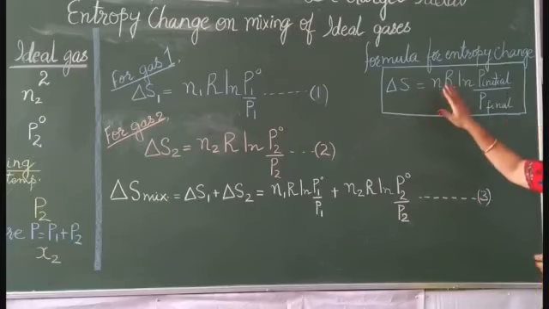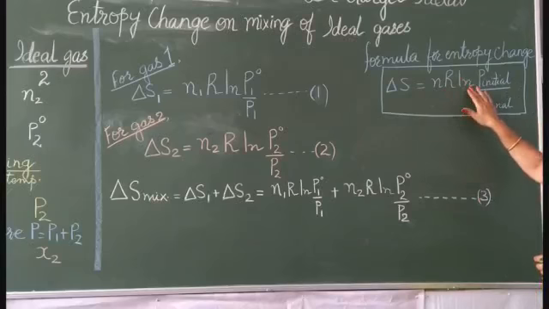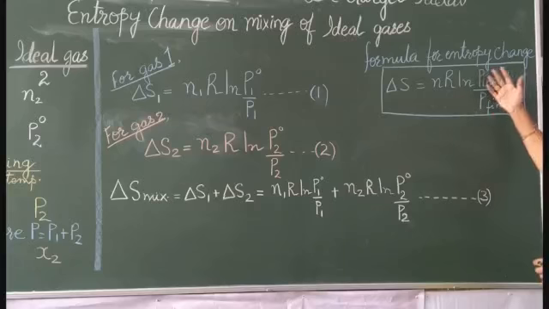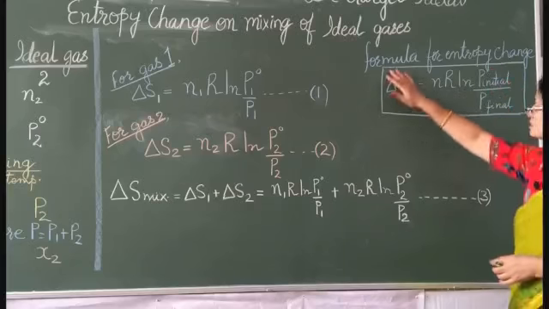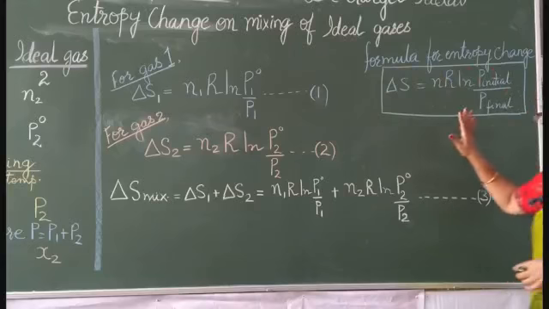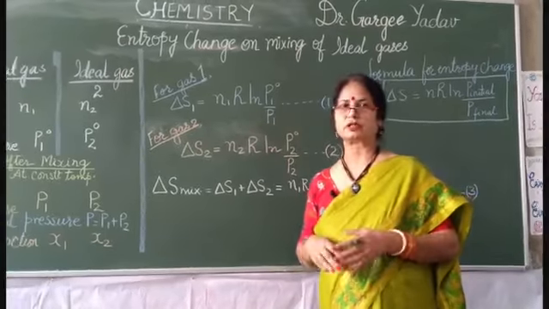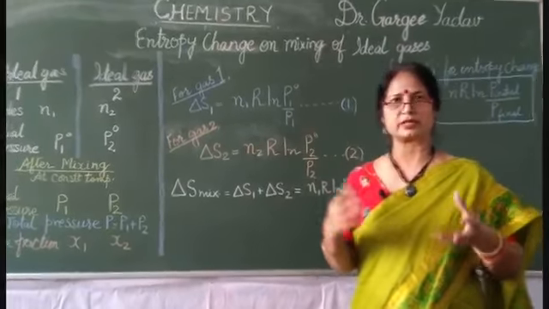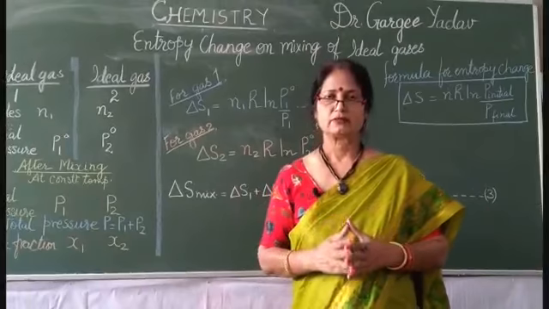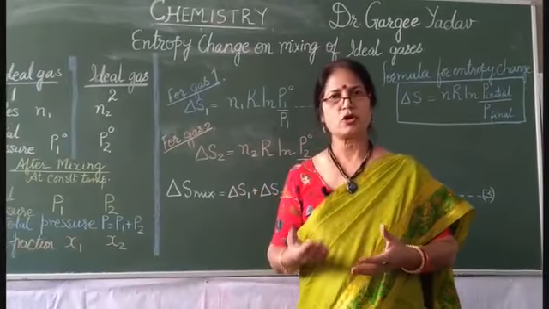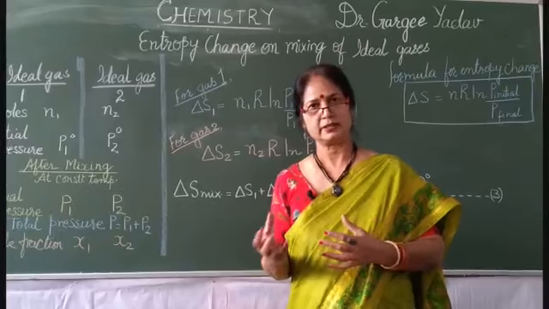And from this formula we will calculate the entropy change for gas number 1 and for gas number 2, and what will be the entropy change on mixing the two ideal gases.